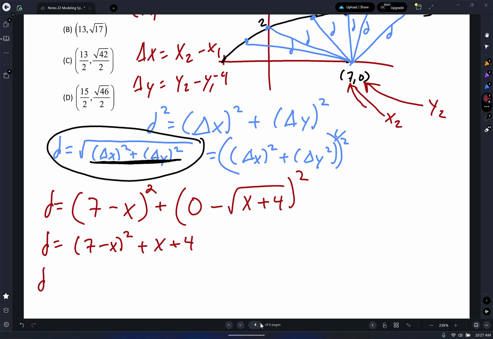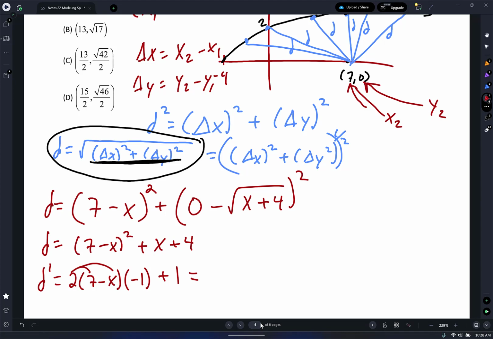D prime equals the derivative of this, chain rule, 2, parentheses 7 minus x, close it, and then don't forget, times what? Negative 1, correct? Plus, what's the derivative of x plus 4? 1. We're going to equal this to 0, but let's simplify it first with that negative.